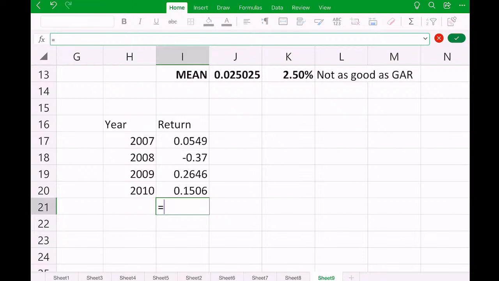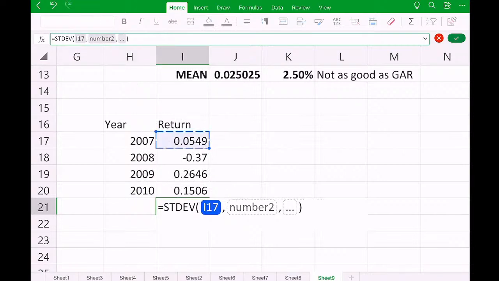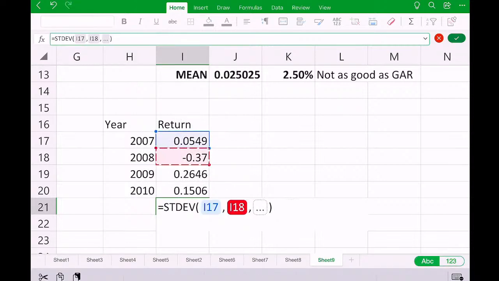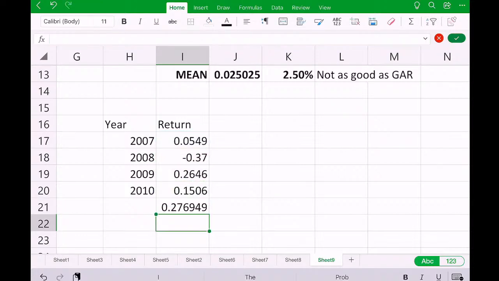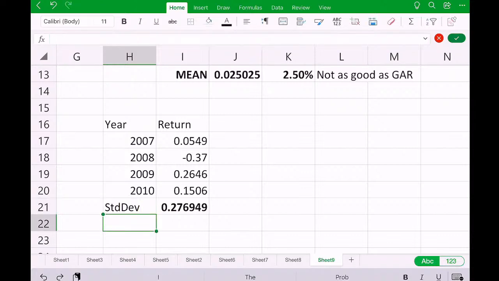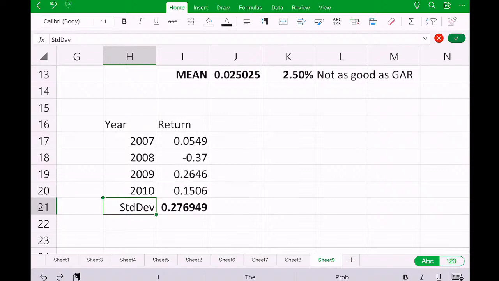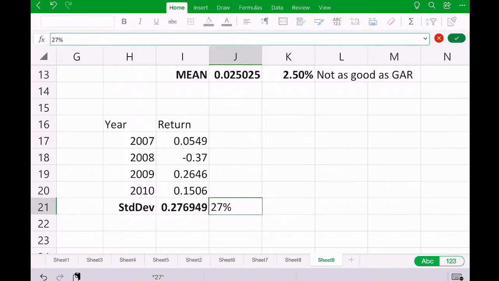You can get the standard deviation in Excel. And that's it here. So it's 27%. 27.69.